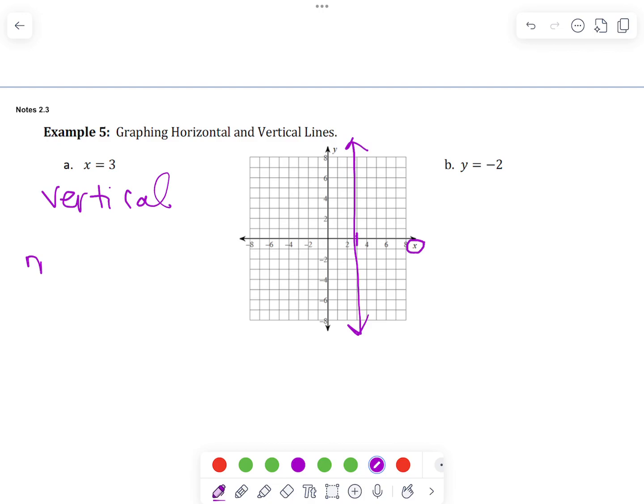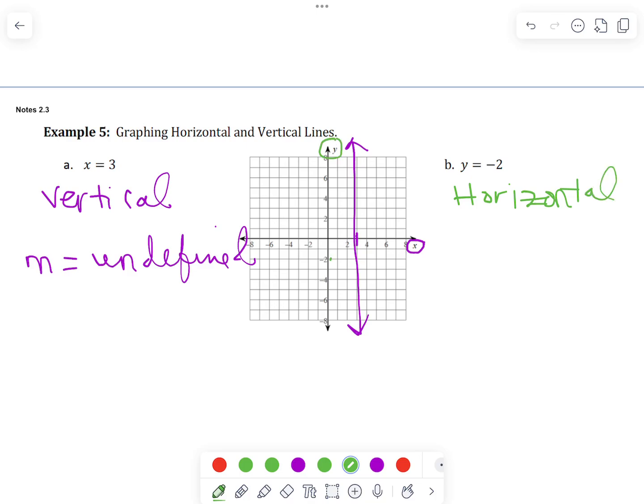And that slope, that m, is undefined. The second one, y equals -2, that's going to be a horizontal line. We go on the y-axis, we go down to number -2, we create a horizontal line, and that slope will be 0.